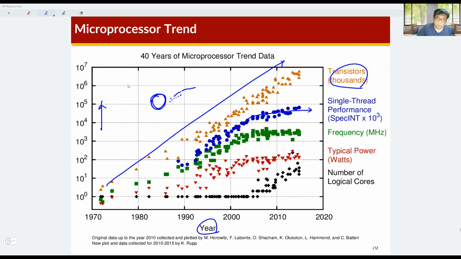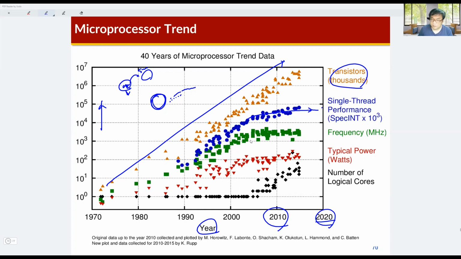So that means if our application is compiled and a single thread is generated from this application, the performance of this application is nearly the same for a processor from 2010 and a processor launched in 2020, if the application is compiled to a single thread, because the single thread performance is saturated.